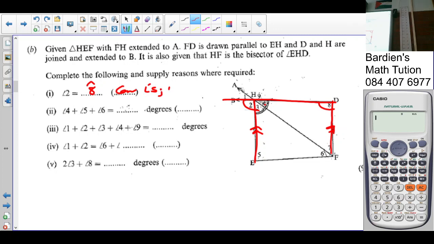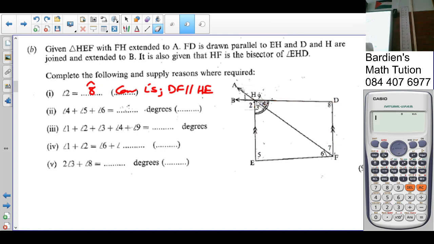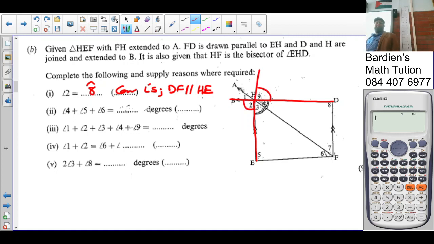Corresponding angles with DF being parallel to HE. Alright? You said angle 9. So you're saying angle 2 is equal to angle 9. The only time that will be right is if that line is extended, then the opposite angles will be equal. So can it be equal to 9? No.